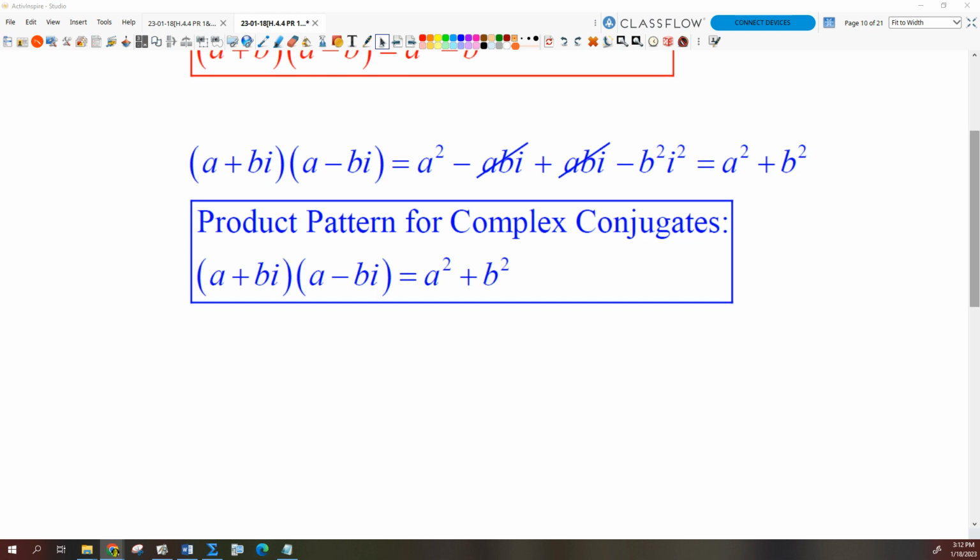That's really important. If we multiply complex conjugates, A plus BI times A minus BI, we get the real result, A squared plus B squared. No I's in the answer. We get a real number result. Okay, hold that thought. That's important.